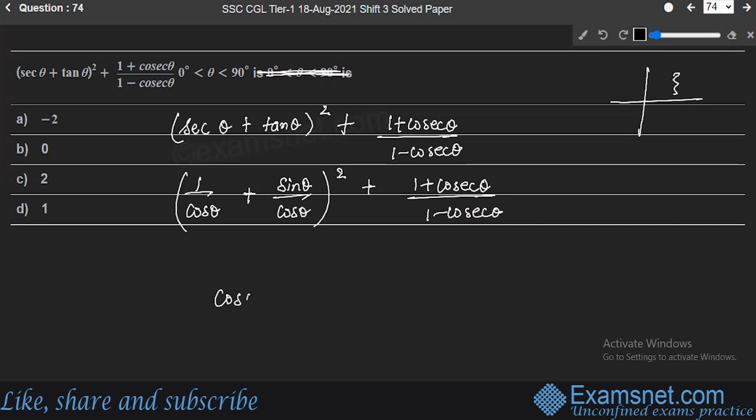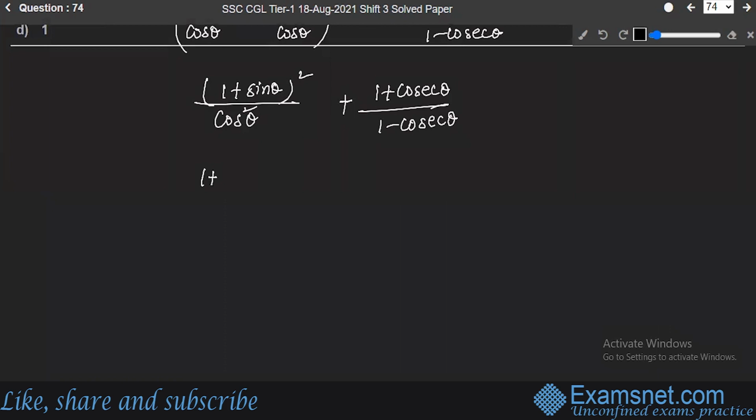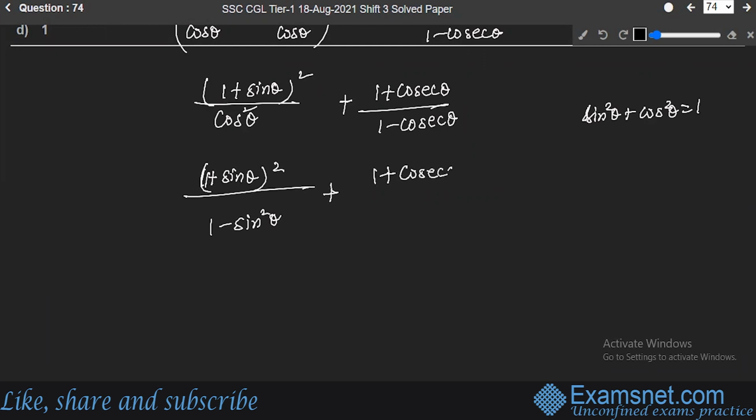I'll take the LCM as cos theta, so (1 plus sine theta) whole square upon cos square theta. You know, sine square theta plus cos square theta is equal to 1. Therefore, cos square theta is equal to 1 minus sine square theta, plus (1 plus cosec theta) upon (1 minus cosec theta).